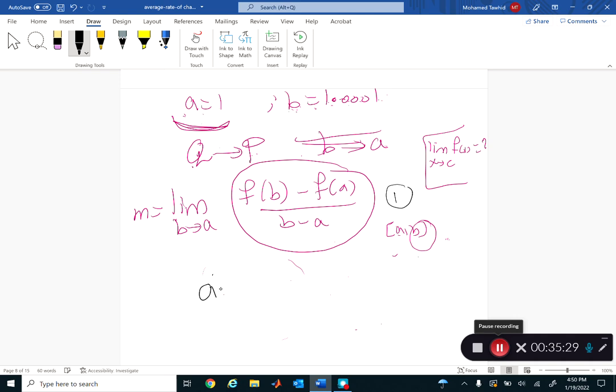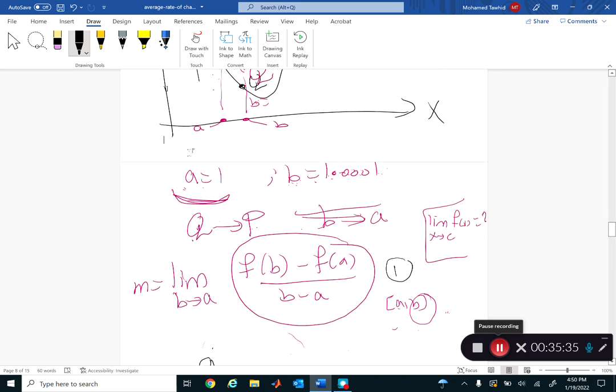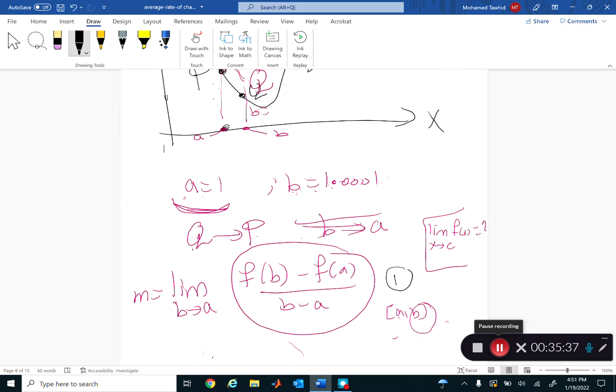What is the difference between b and a, guys? Look at what you have. Your a is the distance from here to there. If I call the difference between b minus a small, I call it h. After a, you add a small amount, which I call h.